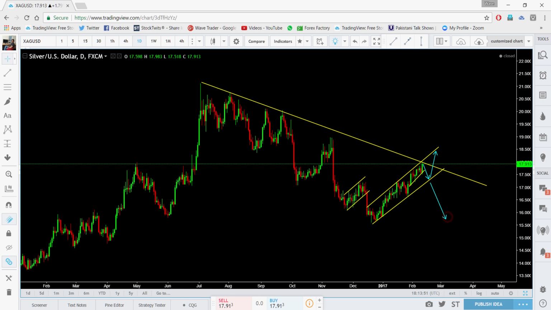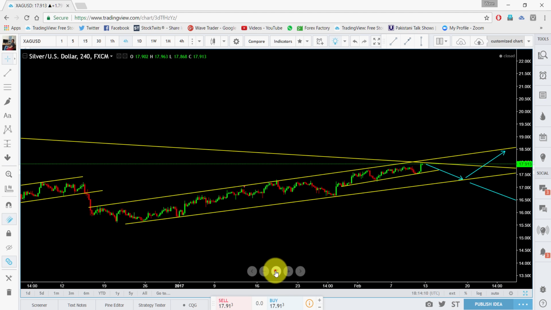Okay, so this corrective move is going to break down. Quite similar to the gold. This corrective move will break down very soon.